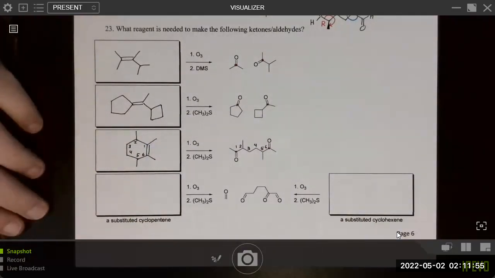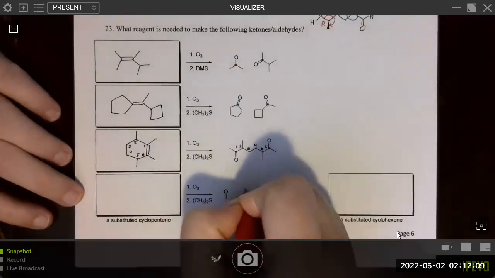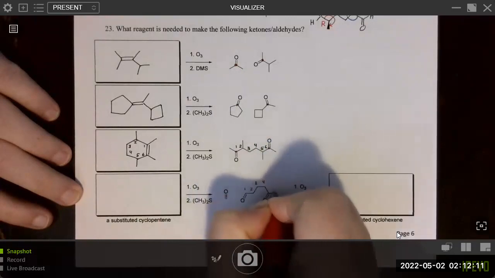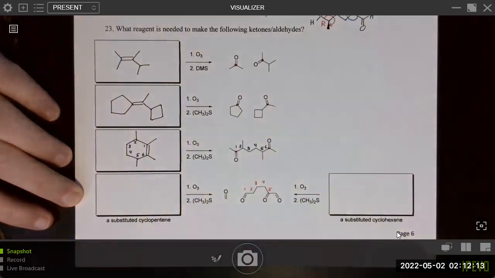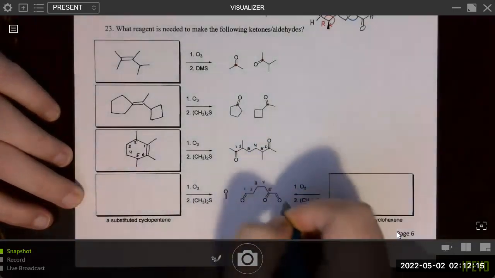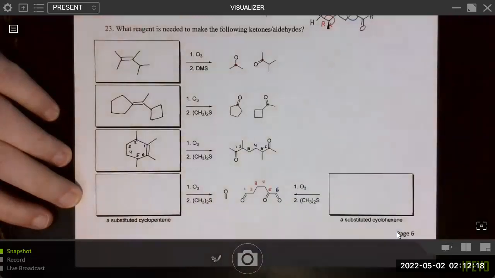Okay, this one is tricky because it could have come from a couple of different possibilities, but they're giving us either a substituted cyclopentene or a substituted cyclohexene. Let's do some counting. If I start here, it's 1, 2, 3, 4, 5, and then all the way up to number 6.